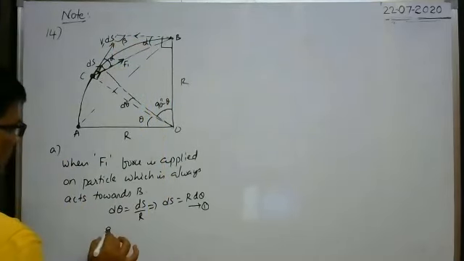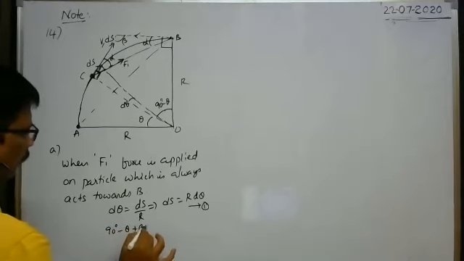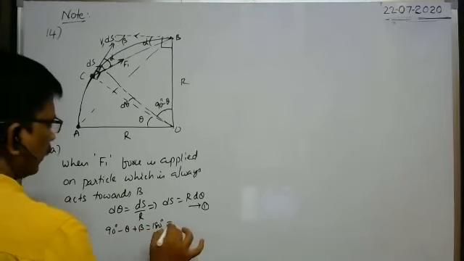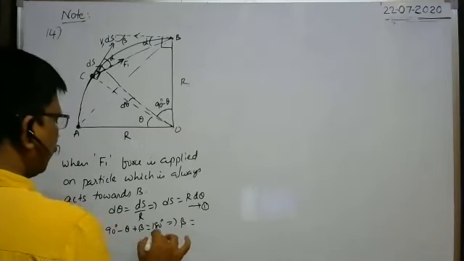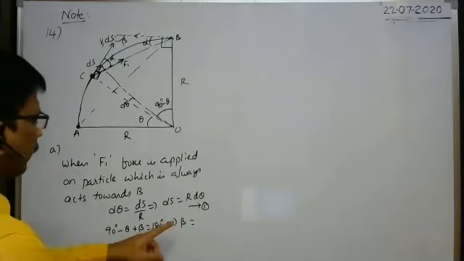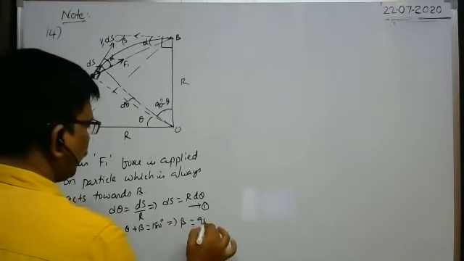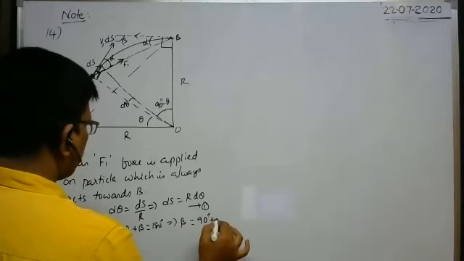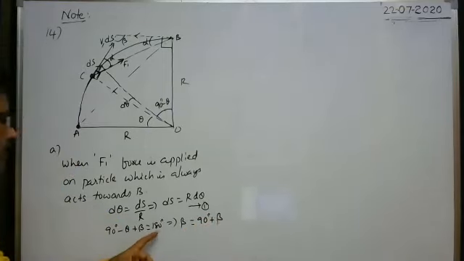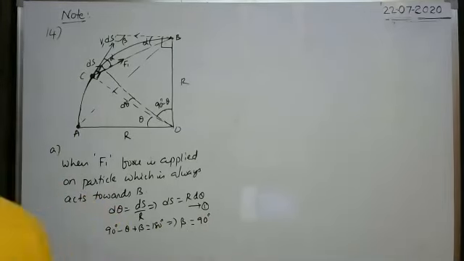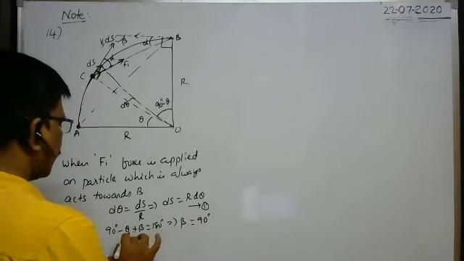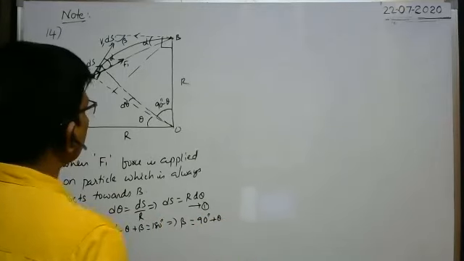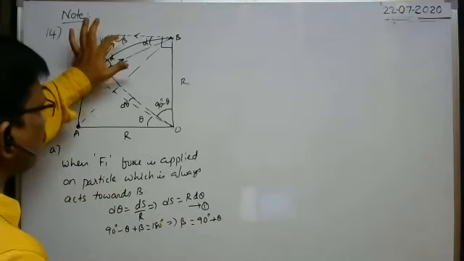Then 90 minus theta plus beta is equal to 180 degrees. Here we have to write in terms of theta. So beta is equal to 180 minus 90, which is 90, plus theta, 90 plus theta. So this angle is equal to 90 plus theta.